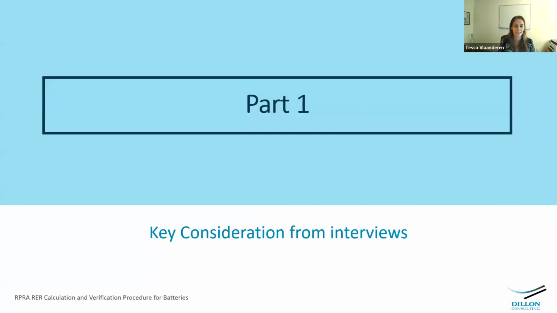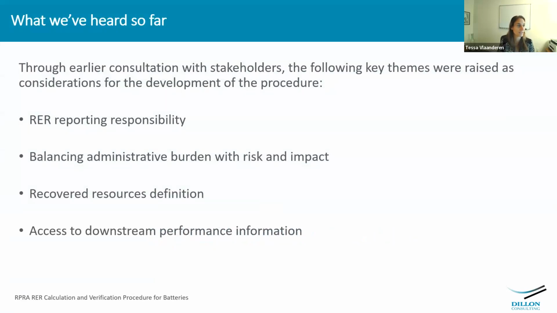So with that, getting into part one, what we've heard during the initial phase, phase one. During these interviews, four main themes emerged across all three regulations, actually. And some of these considerations lay outside of the scope of the procedure review, but were considered essential in setting the context within which the procedures will be used.